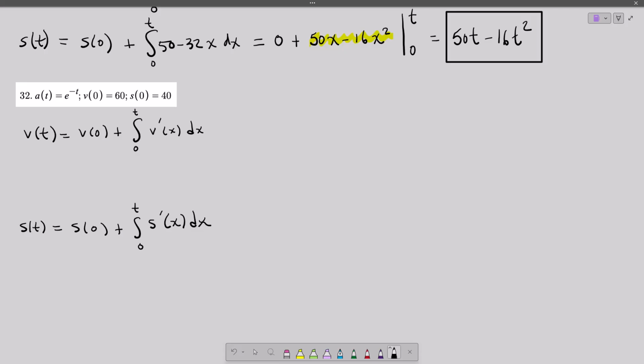We'll do the velocity first. Anyone have questions with that velocity?